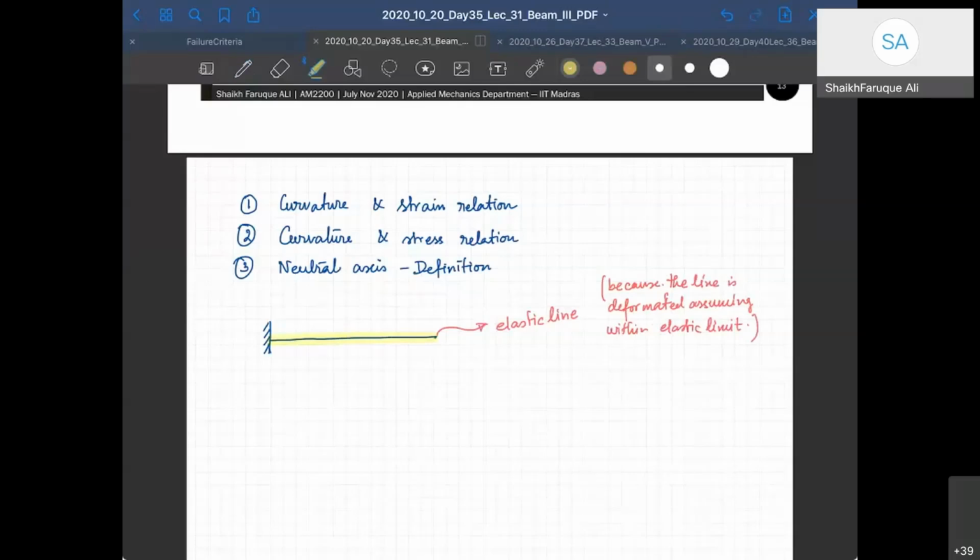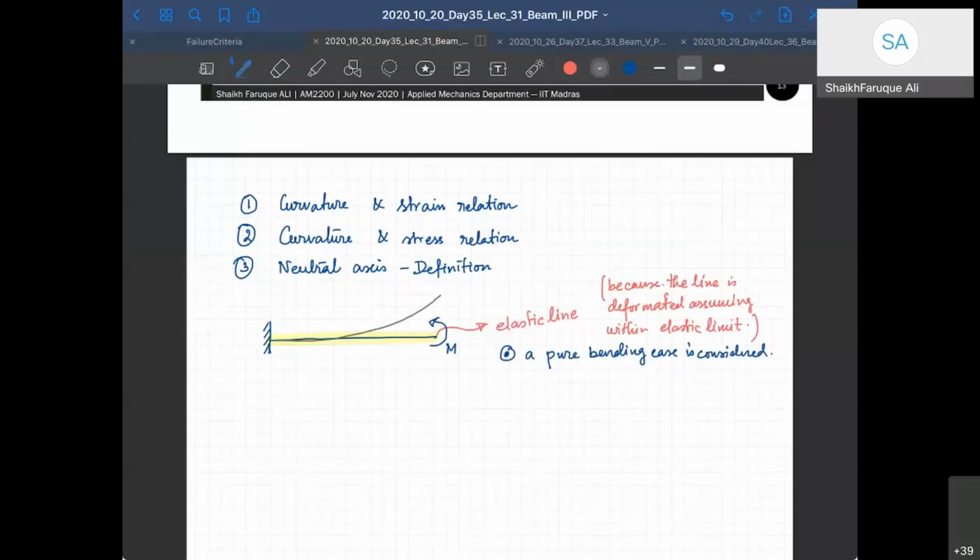Now, if you give some load on the beam like this, moment M, okay? So this is a pure bending case, point 1, a pure bending case considered. And then you see that the beam bends, something like this.